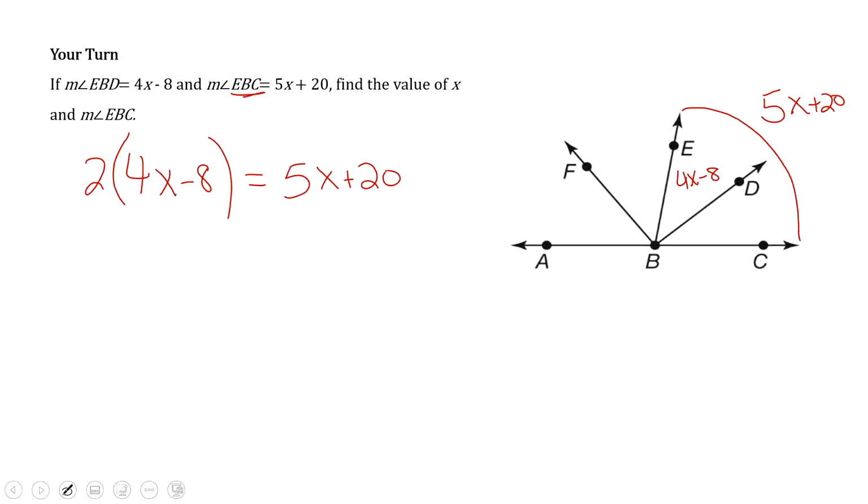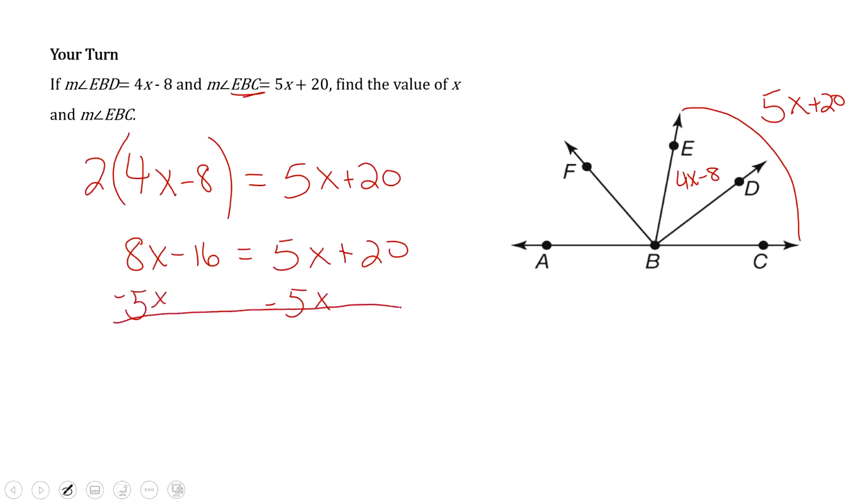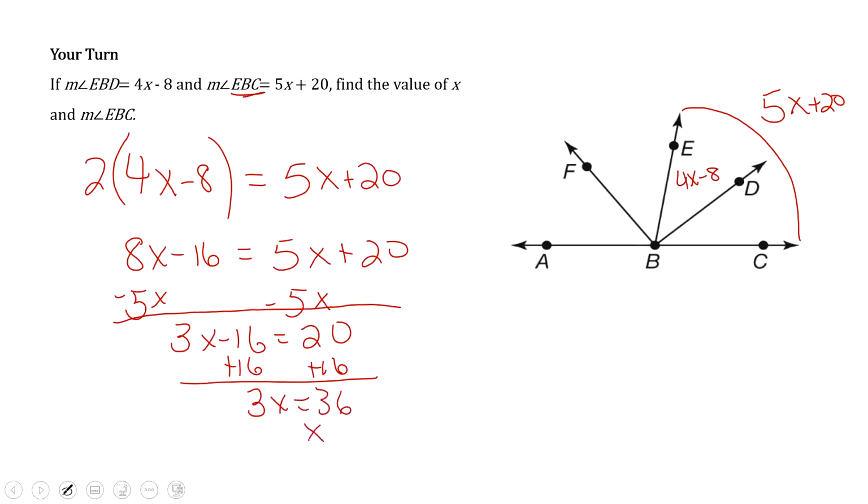Okay, so now I just distribute: 8x minus 16 equals 5x plus 20. Subtract 5x from both sides. We have 3x minus 16 equals 20. We're going to add 16 to both sides now. We end up with 3x equals 36. So x equals 12.